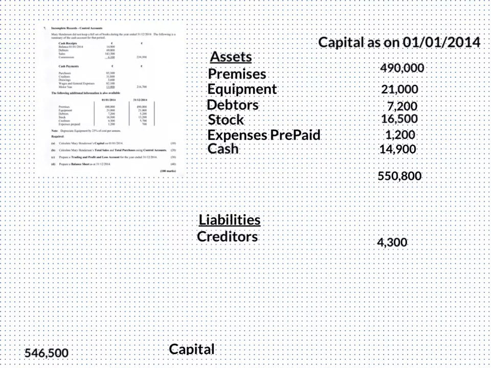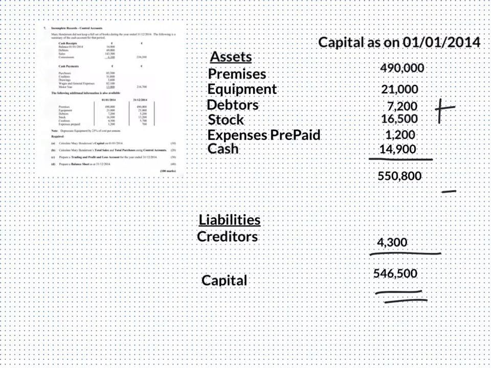All we need to do is subtract the two from each other, and we get a balance of 546,500, and that is the value of our capital. So it's fairly straightforward enough. Just to recap quickly, what we needed to do was find the statement of capital. So we put our heading in as capital as on the first of first because it's the start of the year.